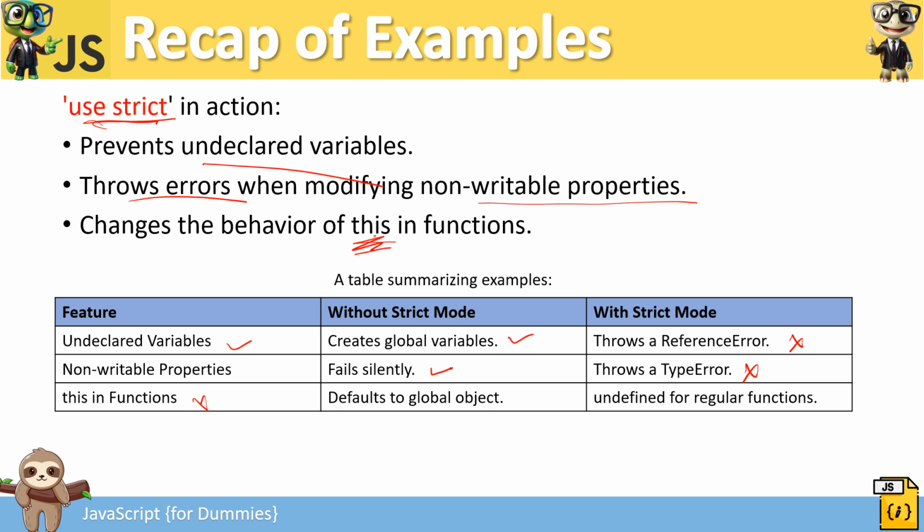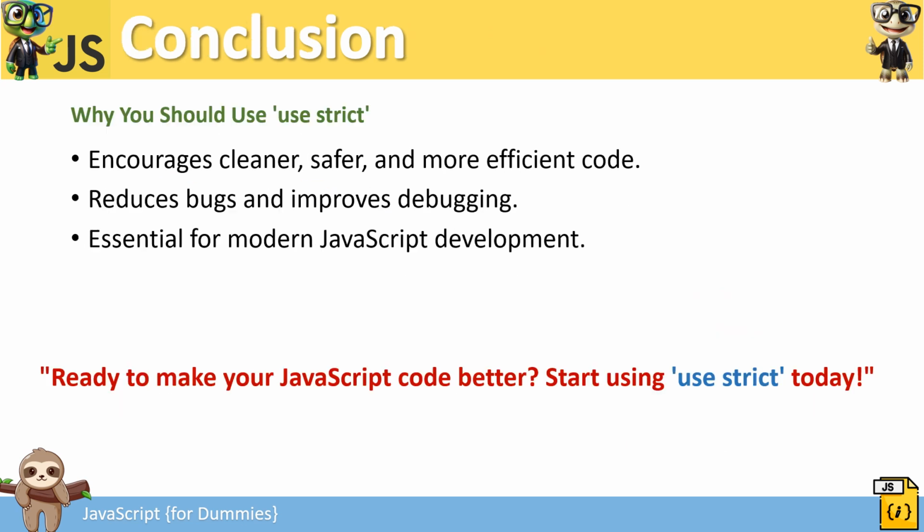And then this in a function: in normal JavaScript it refers to the global object, but with strict mode it is undefined and an error is generated. These errors allow us to ensure that our code is correct, has no bugs or loopholes, and is up to a proper standard.